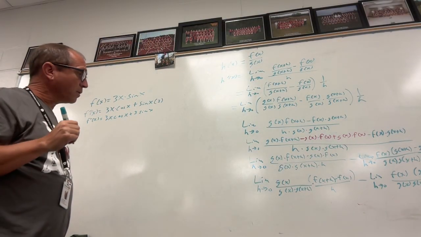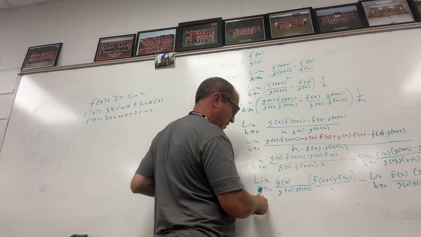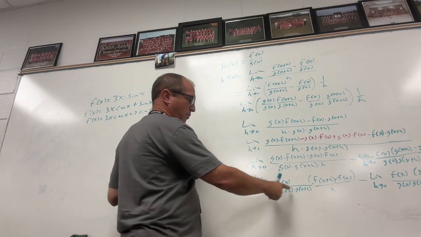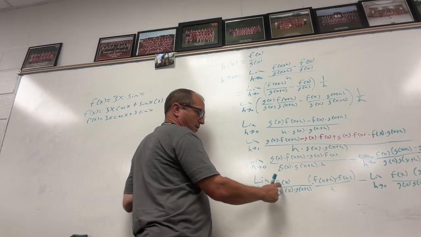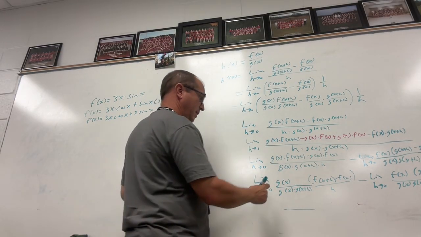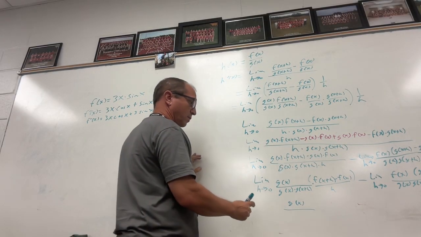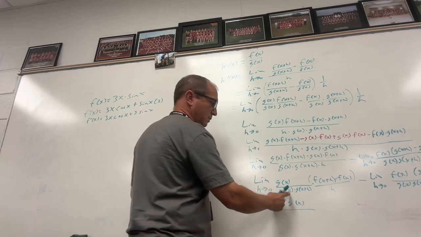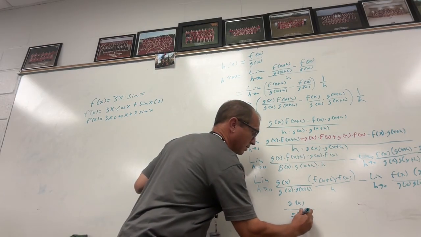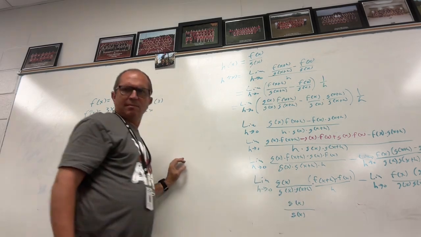all right, so what is the limit as h approaches 0 of what I have right here? Well, it would be g of x over g of x, and what would happen to g of x plus h here?